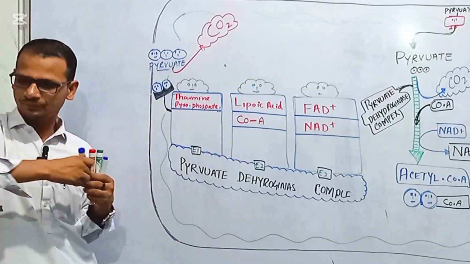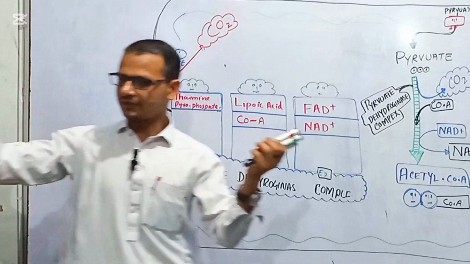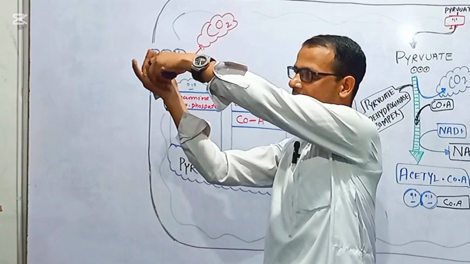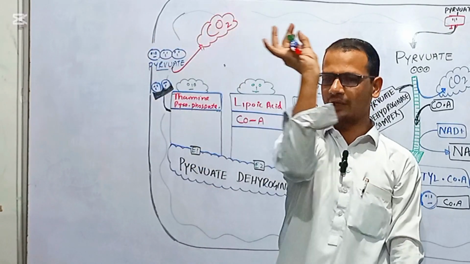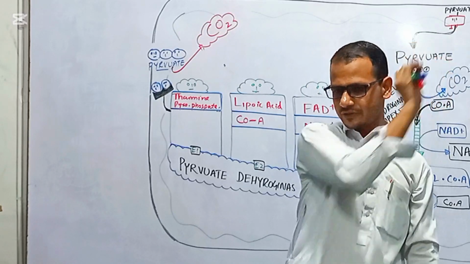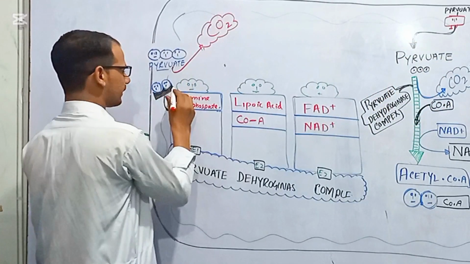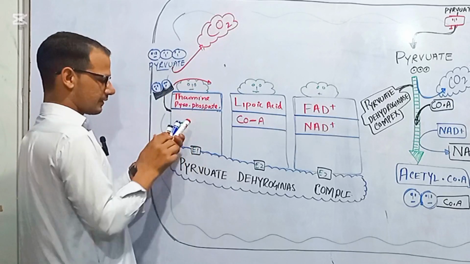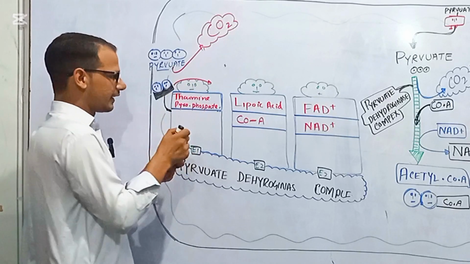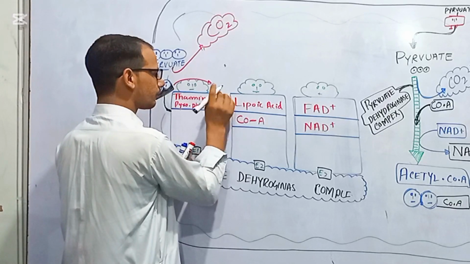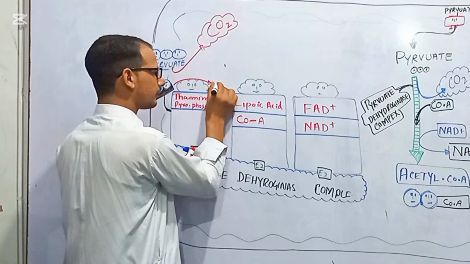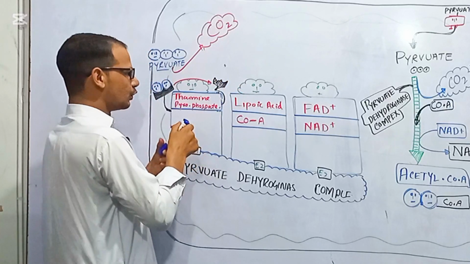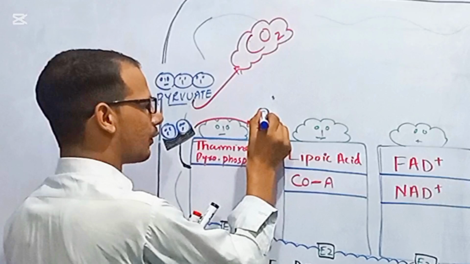When this site, for example, this is the site, this is the hand of this E1. When this site is filled, this hand starts moving, right? When this hand starts moving, it transfers this into, for example, here is the site, and having 2 carbon compound.